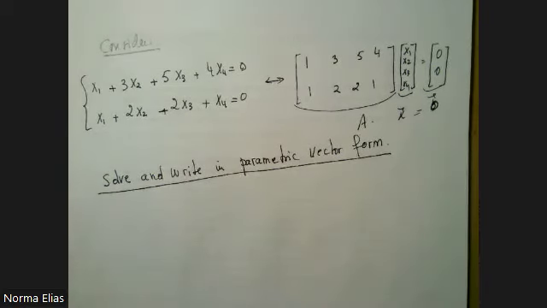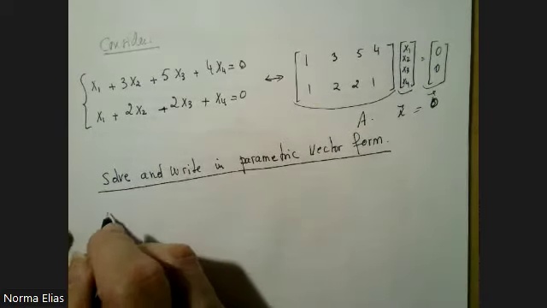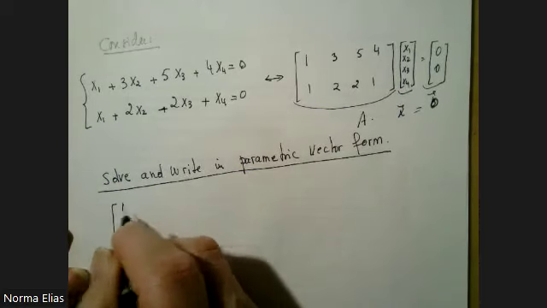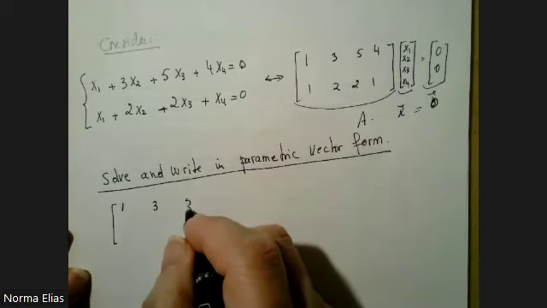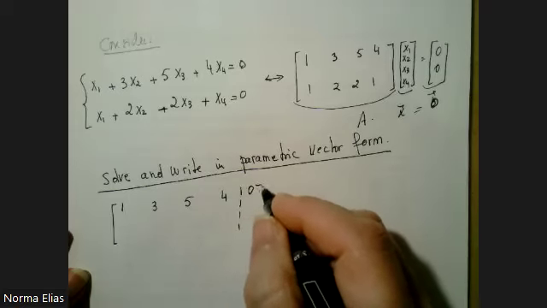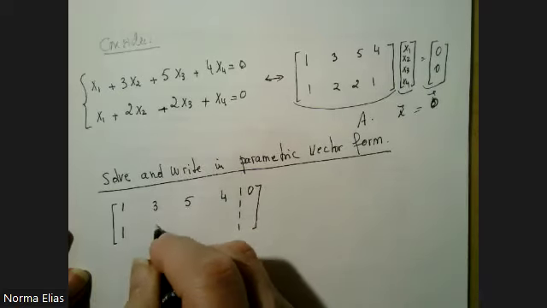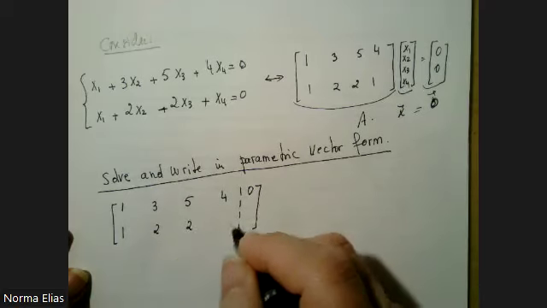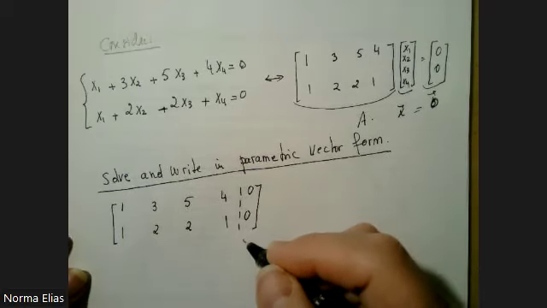Okay, so let us solve the system. 1, 3, 5, 4, 0 and 1, 2, 2, 1, 0.